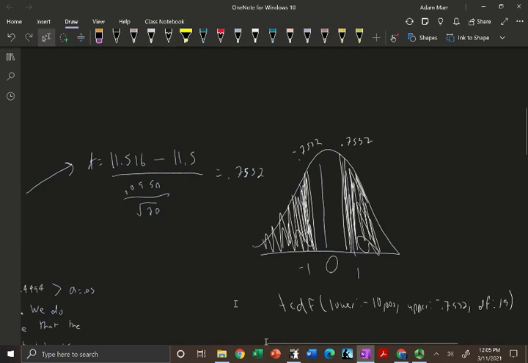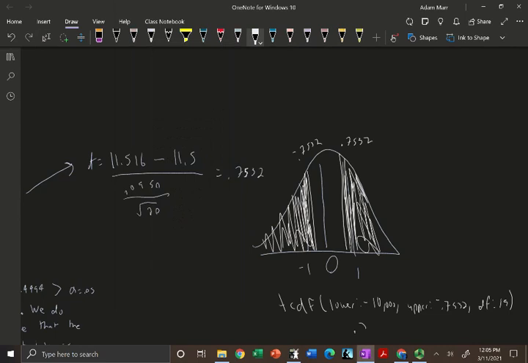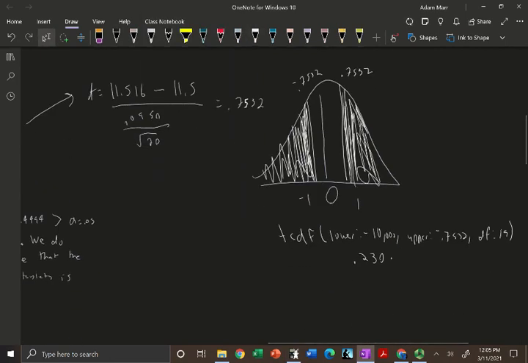And you get 0.230. Now remember, it's two-sided, so it's 0.2303 if you round it, and then times 2. That comes out to 0.4606, which is my p-value.